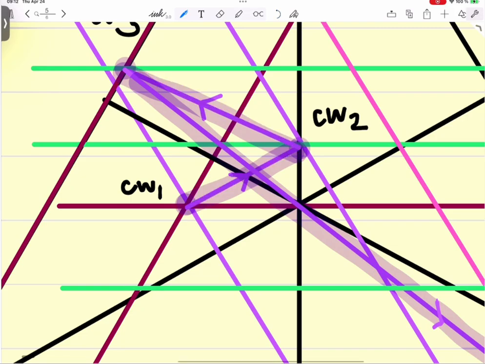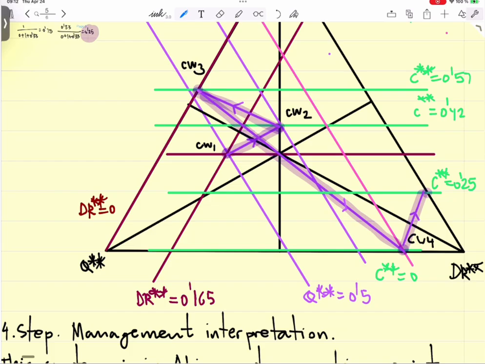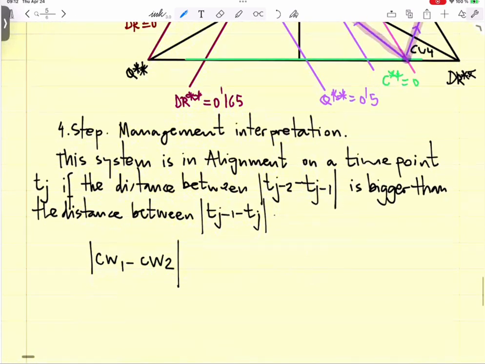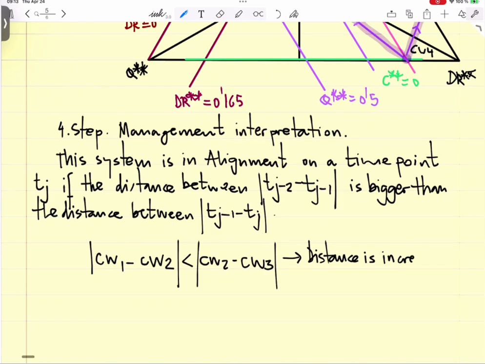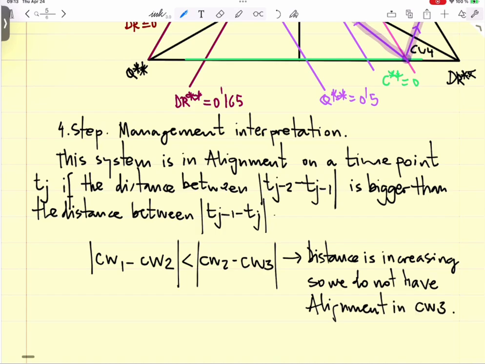So distance is increasing, so we do not have alignment in calendar week 3. Okay?